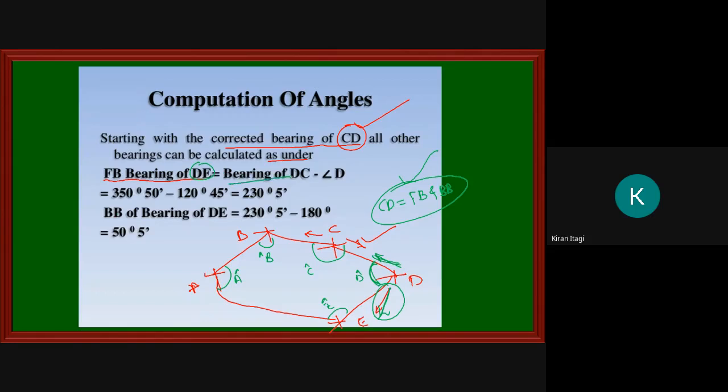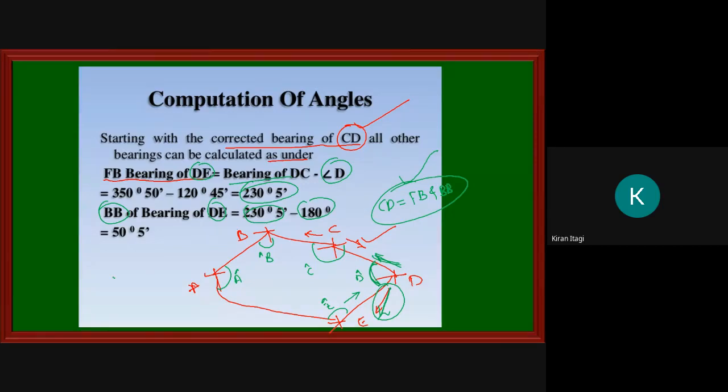Now, back bearing of line DC minus angle D, we will get 230 degrees 5 minutes. Now we have got the DE forward bearing. Now we will calculate the back bearing. Back bearing of line DE is equal to 230 degrees 5 minutes minus 180 degrees, as we have done before.